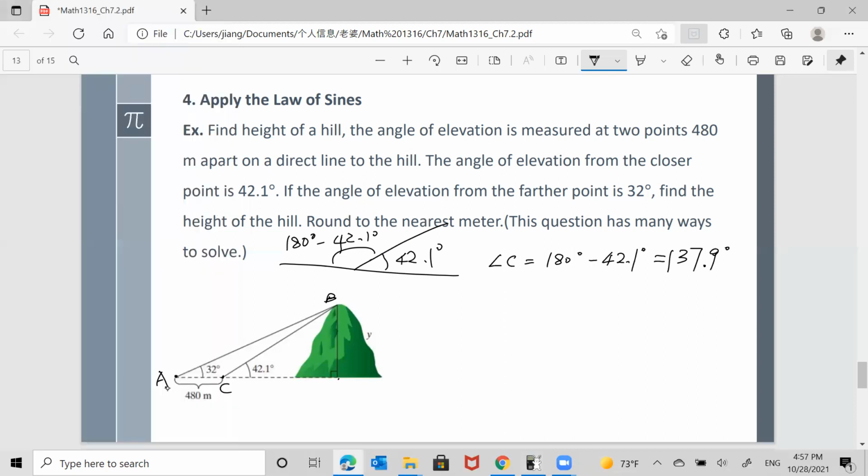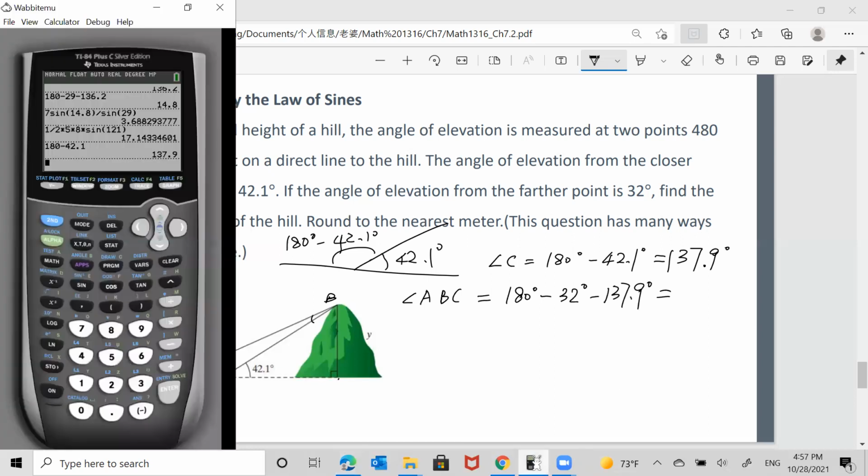How about this angle, ABC? Let's use ABC to represent this angle B. Angle B equals 180 degrees minus 32 degrees minus the angle C, 137.9 degrees.